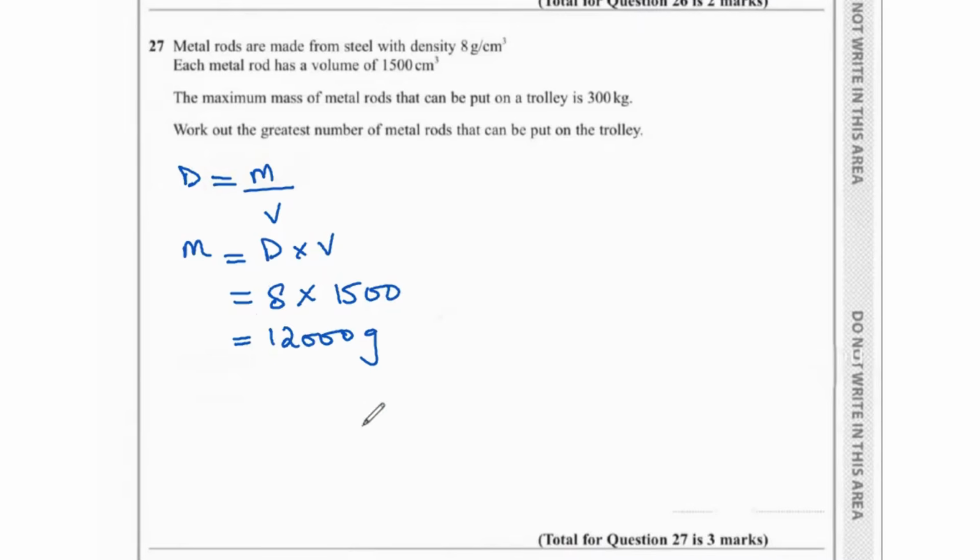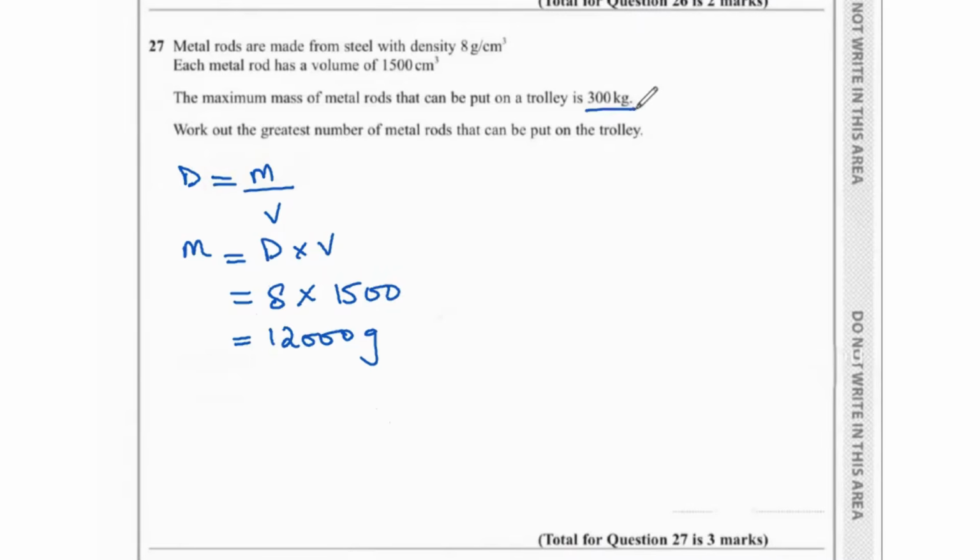So let's figure out the mass of one metal rod first. Density equals mass over volume, so mass is density times volume. That's going to be 8 times 1500, which equals 12,000 grams.